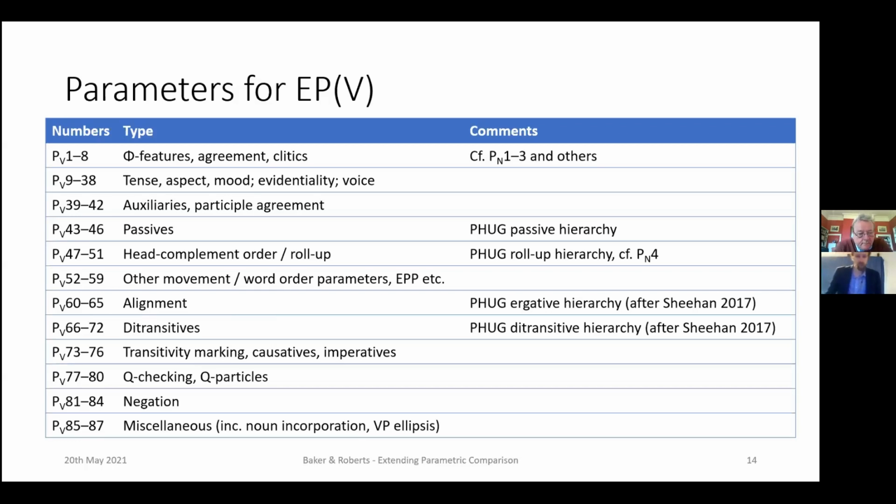A group of parameters based on alignment, based on the ergative hierarchy in Ian's book, originally due to work by Michelle Sheehan, and similarly a hierarchy for ditransitives turned into various ditransitive parameters. Some parameters to do with transitivity marking, causatives and imperatives, some parameters to do with question marking, some parameters to do with negation, and then a small number of miscellaneous parameters, including ones to do with noun incorporation and VP ellipsis.